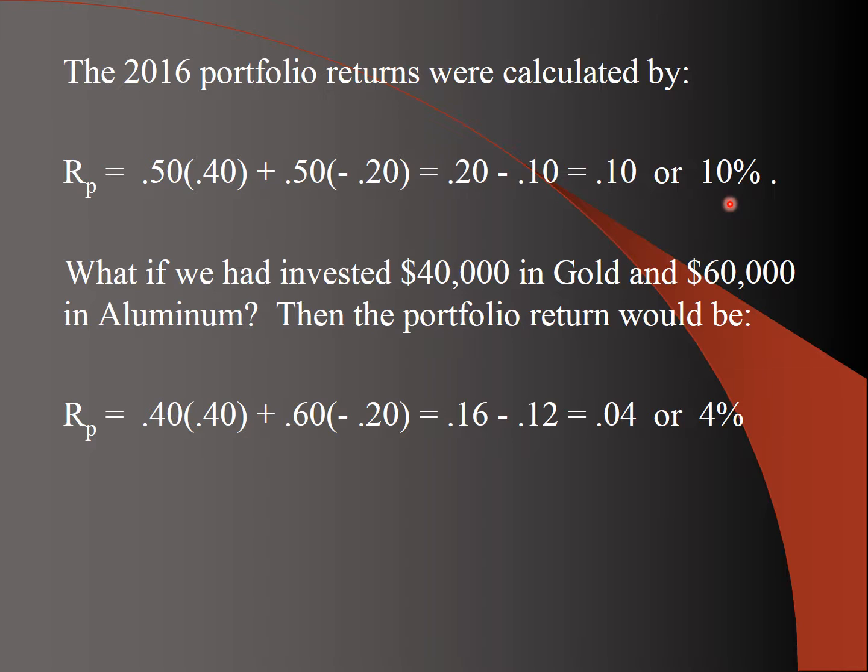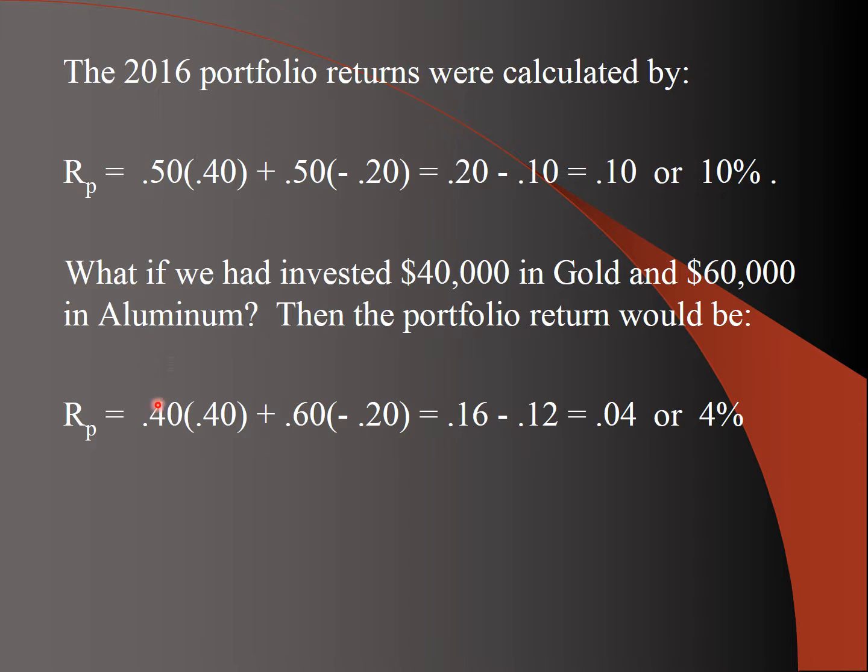Now, if we didn't invest the money 50-50, we could have weighted it differently, right? We could have said, you know what, I have more faith in aluminum than I do gold, so I'm going to put $40,000 in gold and $60,000 in aluminum. And if that had been the case, what would my portfolio return be in 2016?